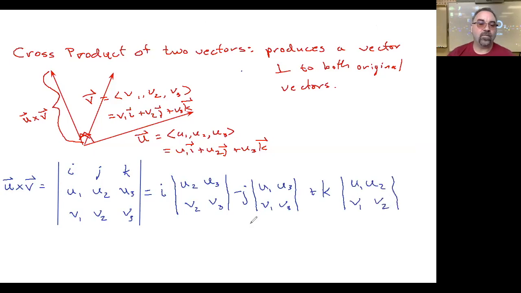And so the I vector coefficient then is going to be U2, V3 minus V2, U3 times I vector. The J vector coefficient is going to be U1, V3 minus V1, U3 times J vector.